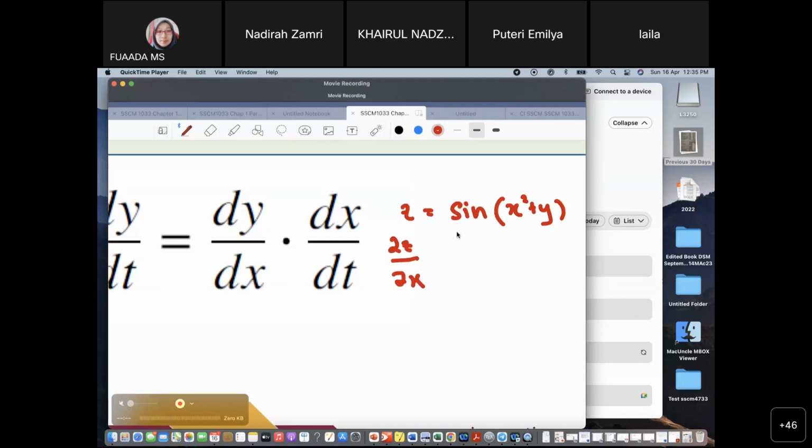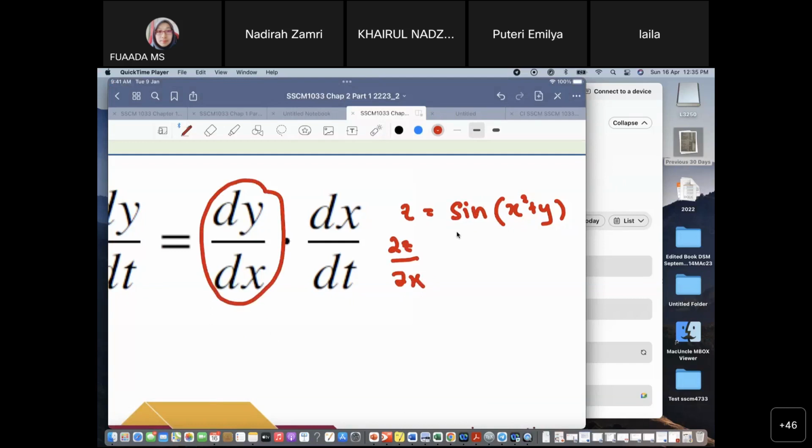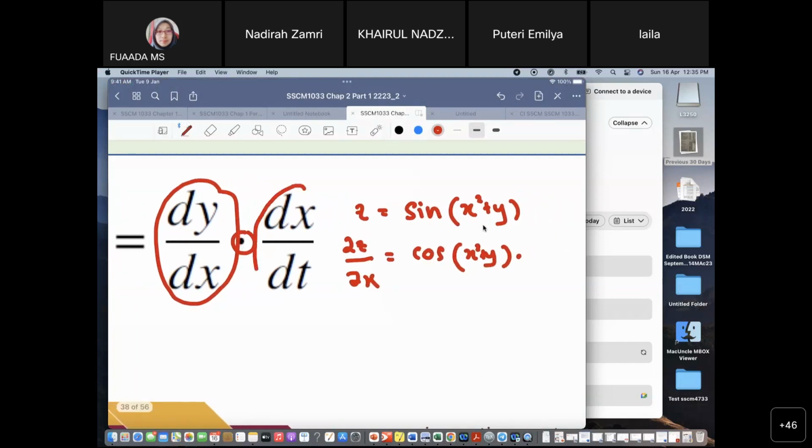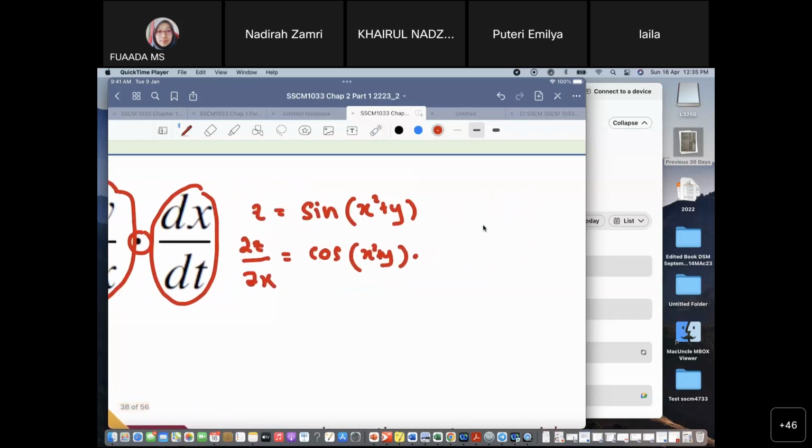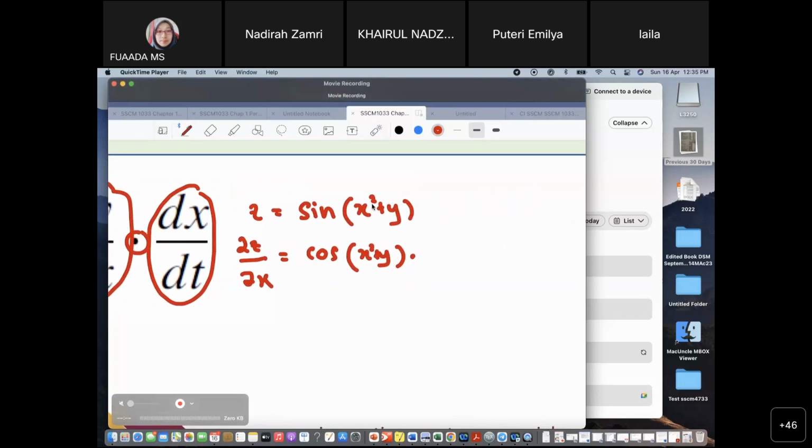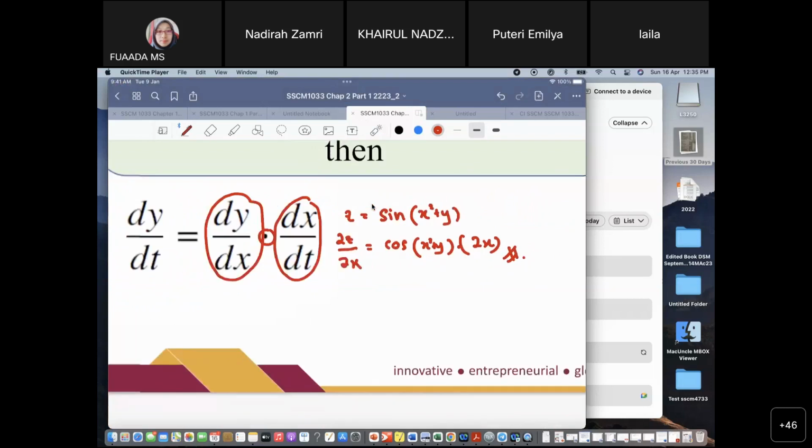So what the chain rule said, differentiate the outer function, you got cos of what? Cos of everything in the bracket. You don't change that. Times, so now dot ni maknanya kali lah, times the derivative of the inner function. The derivative of the inner function x squared plus y, bezakan terhadap x, so you got 2x. So that is your result using chain rule.